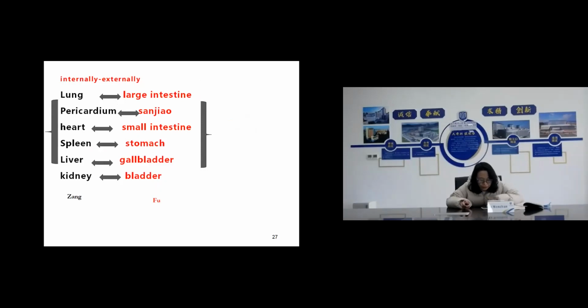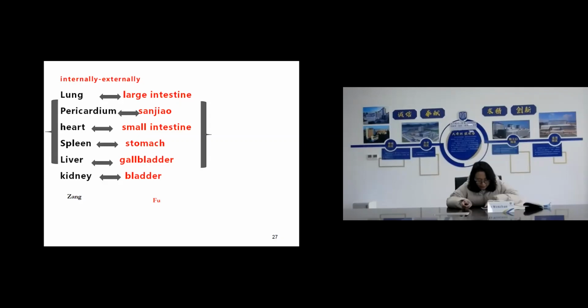So the qi and blood originate from the sanjiao, like the chest, then start from the lung and run from the chest to the index finger. They are connected with the large intestine meridian. Then the large intestine meridian starts from the index finger, then goes to the head. In the nose, it is connected with the stomach meridian.